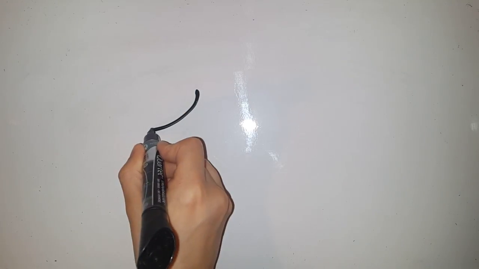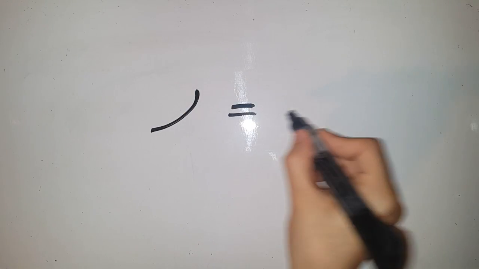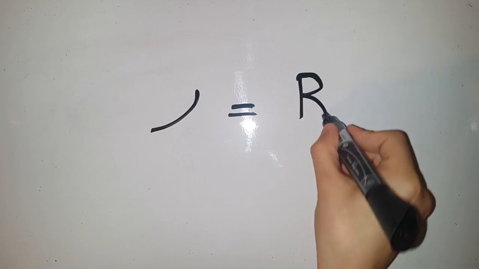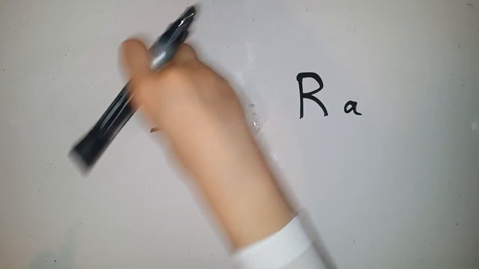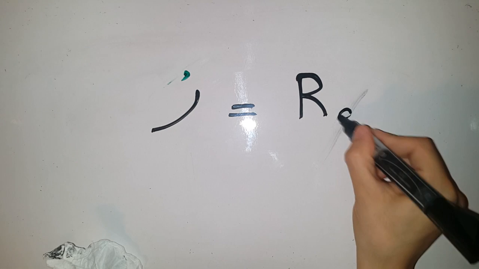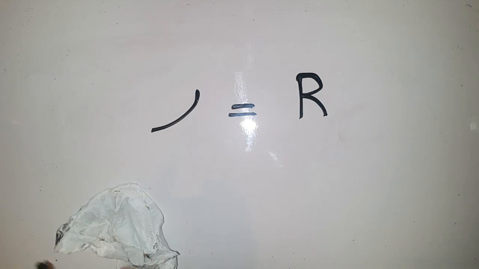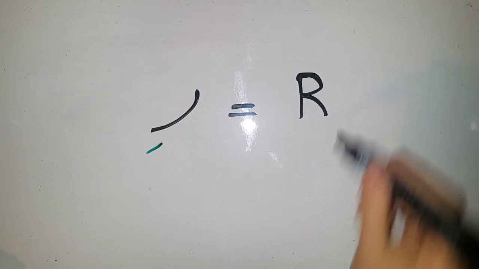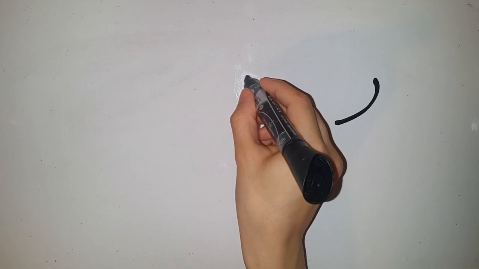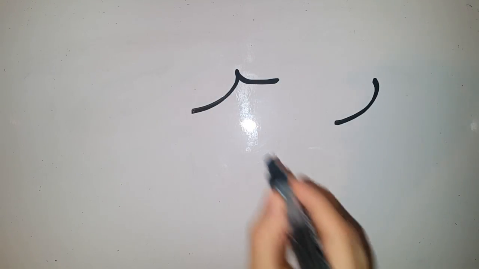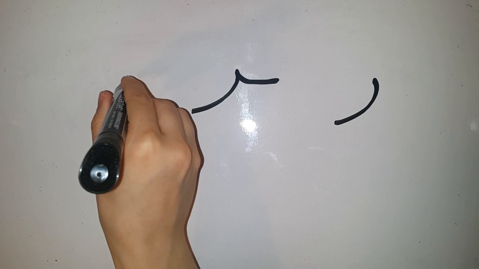The third letter we're going to learn today is ra, which is the equivalent of R in English. And we have ra, there's ru, and ri. At the beginning, ra looks like this, and in the middle and at the end, they look the same.